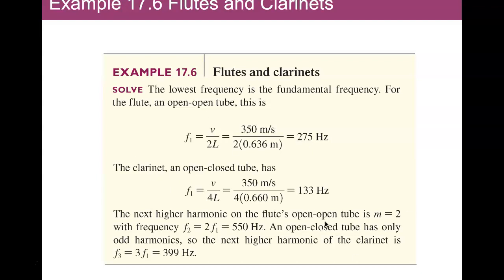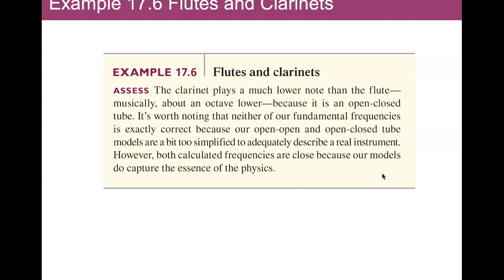But for open-closed, m must be odd, so we're going to get a factor of 3 times the fundamental frequency. Okay. All right. So this is a good place to stop, and next time we'll continue this discussion talking more about the mathematics of interference in 1 dimension and higher dimensions.